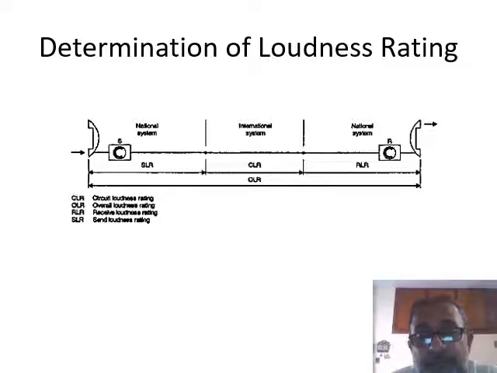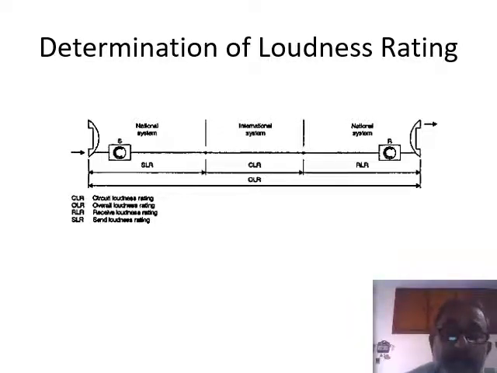From that exchange to the exchange on which our destination is connected, we have the circuit loudness rating, and from that exchange to our destination or the desired telephone number, we have the RLR, which is called the receiver loudness rating.